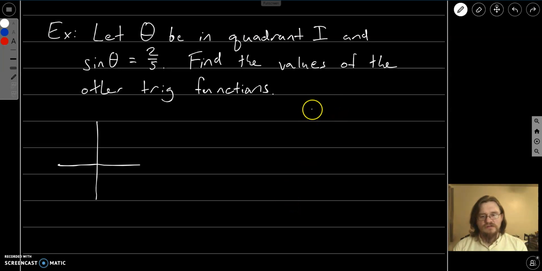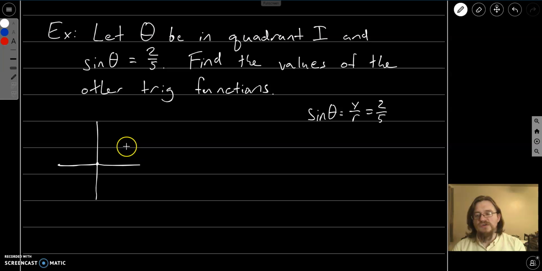So we know that sine of theta is going to be y divided by r, and this is going to be 2/5. So one thing I could do is I could find where y is equal to 2 and where r is equal to 5. So r is going to be the distance from the origin to this mysterious point out here. We can say that y is equal to 2, but we don't know x.